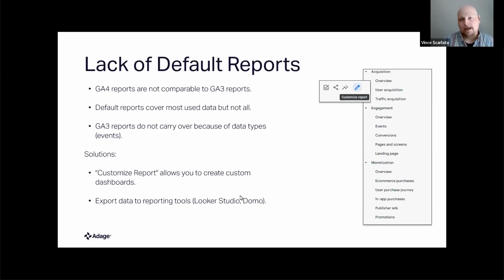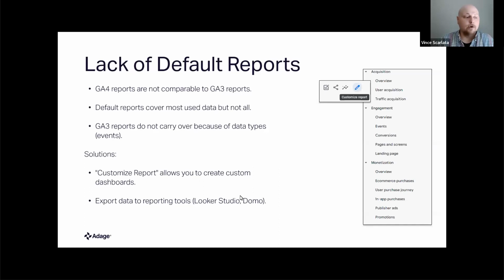It's not an easy task, and the schema of that data just does not mesh well with GA4, so they didn't bring those items over. The default reports we do have right now cover most of the used data and the most common use cases people go into Google Analytics 4 for, but it's not going to be a catch-all for all the data that you want right now.